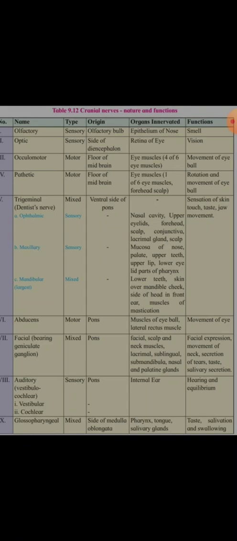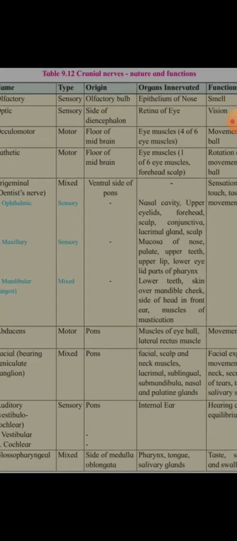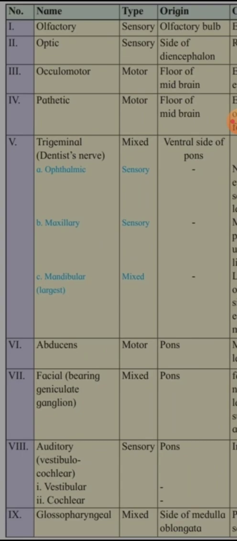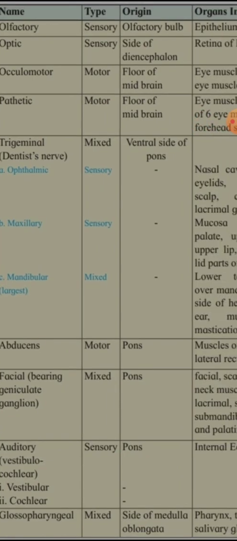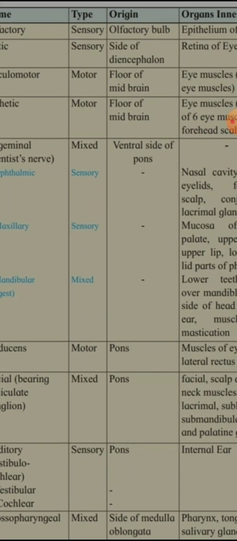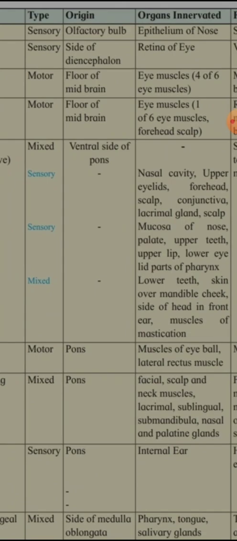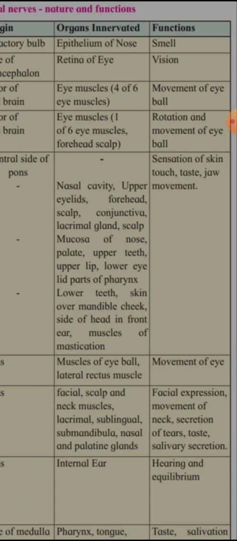Then the seventh one is the facial and it has a geniculate ganglion. It is a mixed type of nerve. It originates from the pons and it innervates the facial, scalp and the neck muscles, then the lacrimal, sublingual and submandibular and the nasal and the palatine glands.